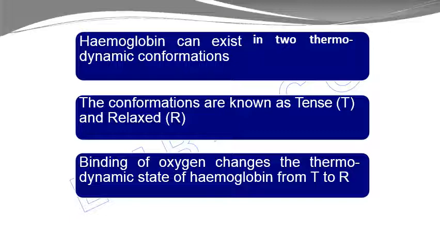When oxygen binds to the hemoglobin, we know that hemoglobin's main function is to carry oxygen, right? You all know this. So when the oxygen binds to the hemoglobin, it becomes relaxed. The hemoglobin changes its shape into a relaxed state from the tense state. So during this process, from converting from tense state to relaxed state, what will happen?